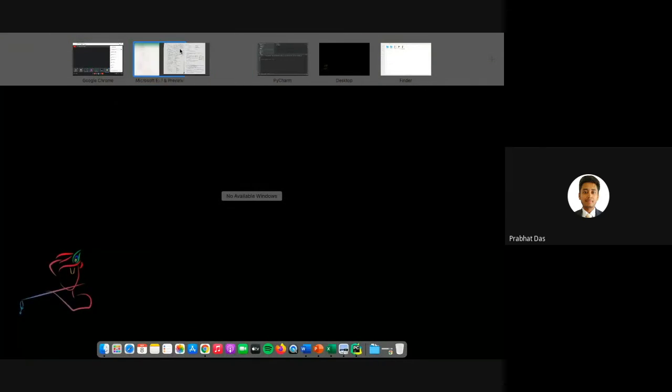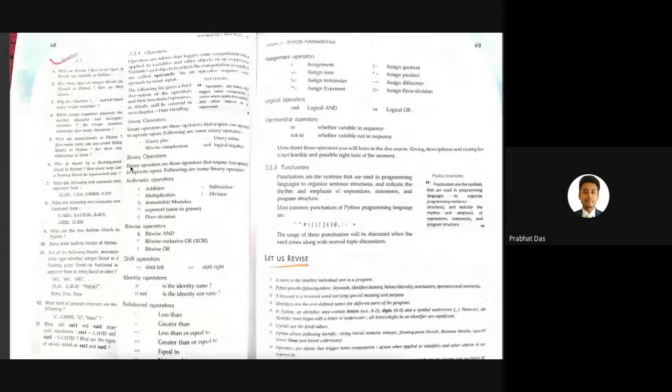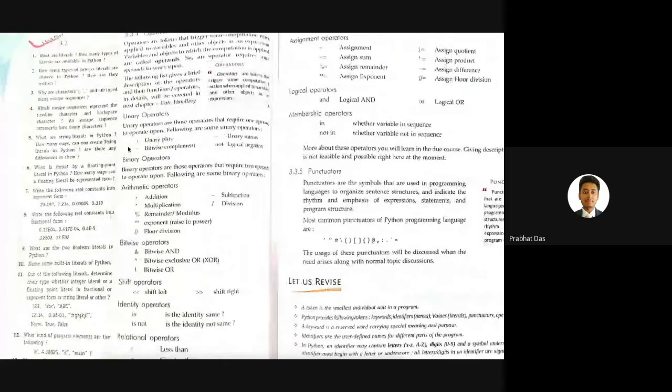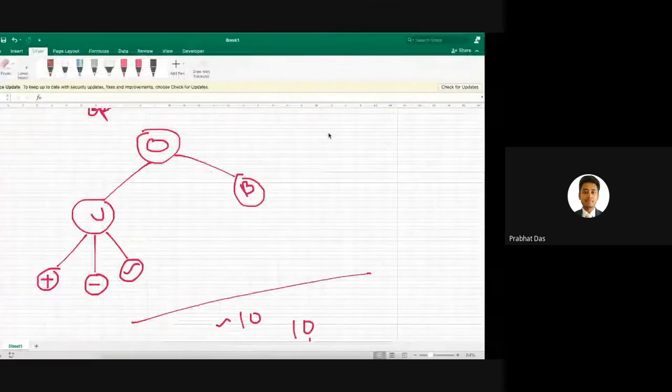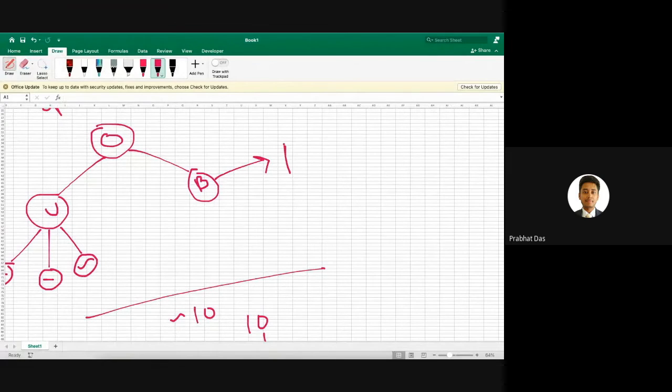If we talk about binary operators, they can be divided as follows. The first one is the arithmetic operator.